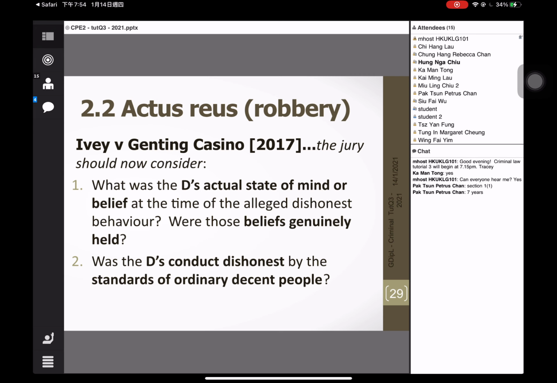So the unusual thing about this case is that it's actually a civil case, a contract case. And the situation was that this gambler, a professional gambler, Phil Ivey, he was the sort of Tiger Woods of the poker world, and if you Google him, he's got his own YouTube channel and makes lots of money out of that, and he gives people tips about how to improve their gambling skills.